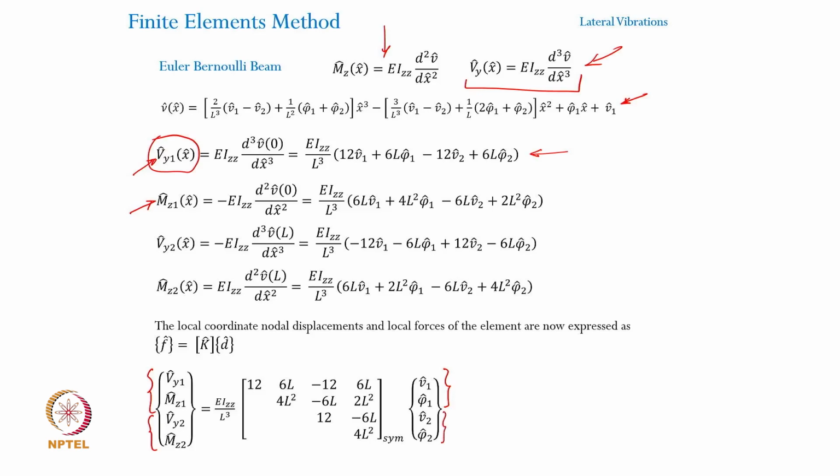So these four relations or expressions you can reform into a matrix form, and this now again takes the familiar form of the nodal force relating to the nodal displacements through a matrix called the element stiffness matrix. Okay. So this is how, by following the basic solid mechanics, one can get the element stiffness matrix representing one finite beam element.